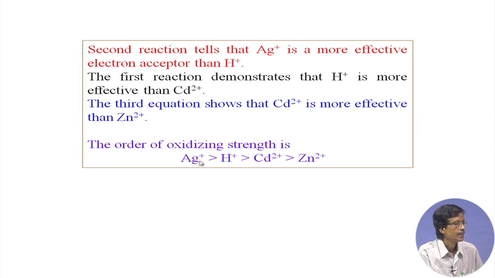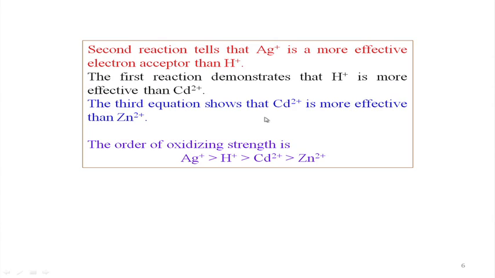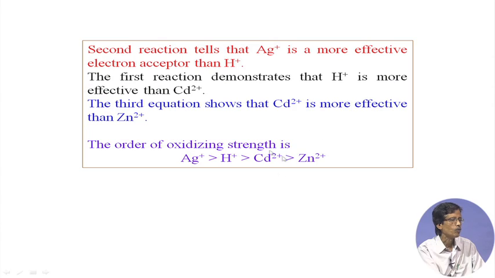So, we get the oxidizing strength order as Ag plus is greater than H plus. And the third equation shows that cadmium 2 plus is more effective as an oxidizing agent than zinc 2 plus. That means, if we consider the oxidizing strength of bivalent cadmium and bivalent zinc, cadmium will be the stronger oxidizing agent compared to zinc 2 plus.